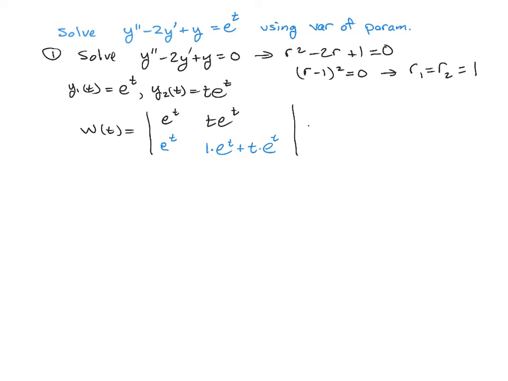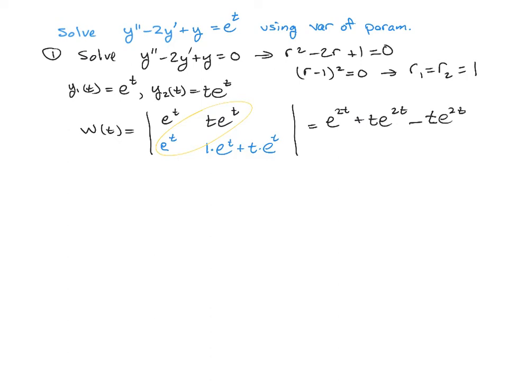All right, so we now take this determinant. So we're going to be multiplying e to the t times itself. So that's going to be e to the 2t. And then the next term is plus t e to the 2t. Then you subtract the backwards product. And if we multiply those together, we're going to get, once again, a t e to the 2t.